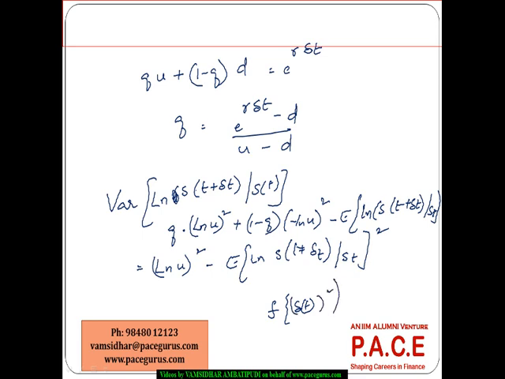Now this entire second part is some function of delta t squared. As delta t approaches zero, minute and minute, we see this is going closer to 0.